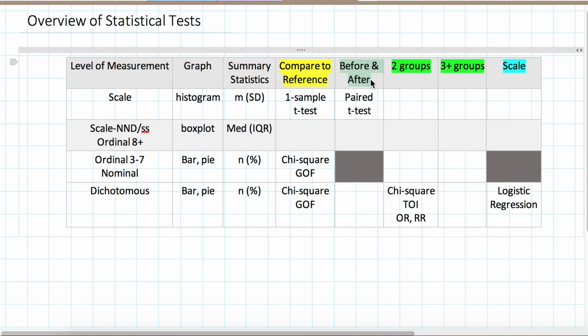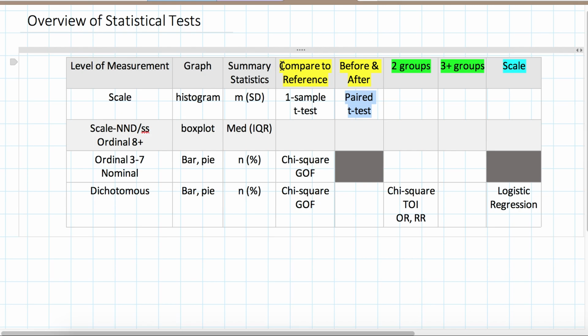So it's before and after some kind of an intervention. Now, if the paired t-test shows that there's a difference, because it's the same person, then maybe we can come to the conclusion that that intervention had at least part to do with why there was a change over time. So that's the paired t-test.